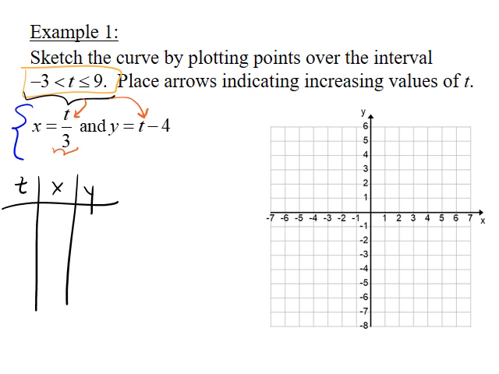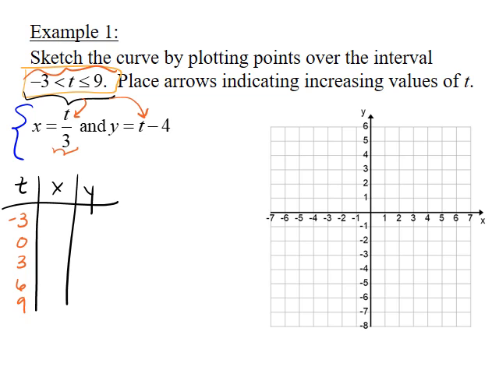Since I'm dealing with a fraction with a denominator of 3, it might be wise to choose multiples of 3 within this interval. So -3, 0, 3, 6, and 9 would be wise choices. And then we're just going to plug it into the equation.